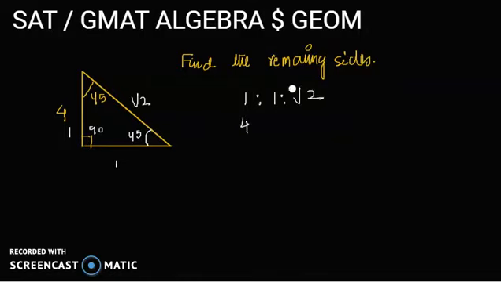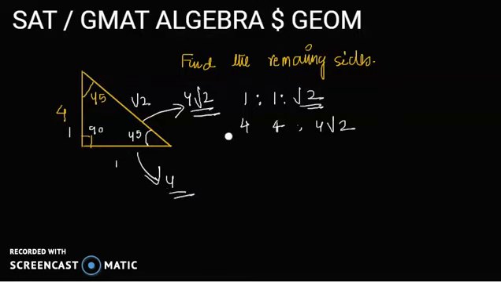That means you have to multiply the other two ratios with 4. 4 times 1 here will give you 4, and 4 times √2 will give you 4√2. So find the remaining sides. So this side is going to be 4 and this side is going to be 4√2.